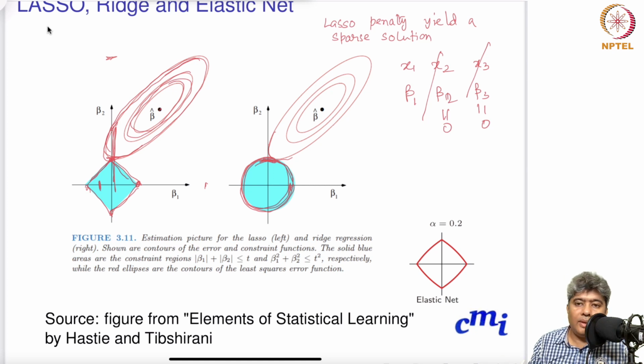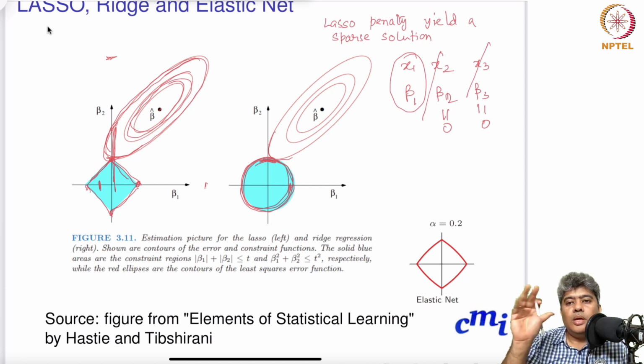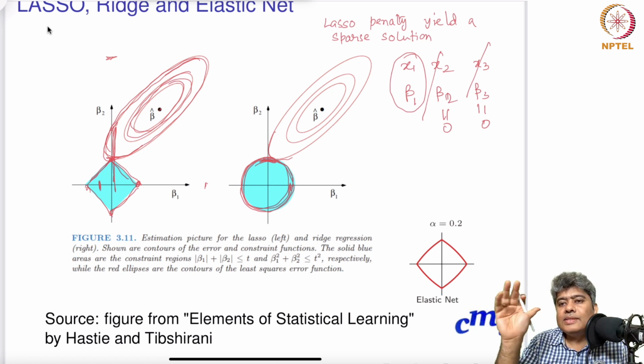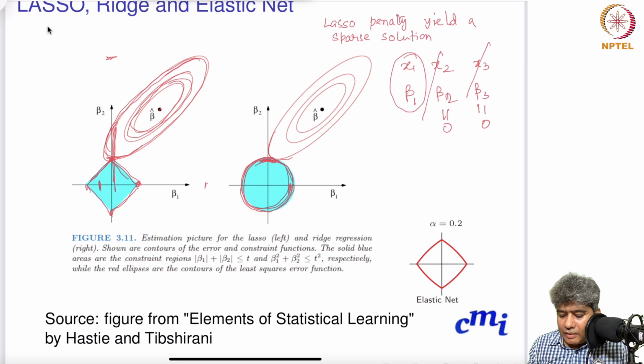If beta 2 and beta 3 turn out to be exactly 0, then the final solution itself is dropping x2 and x3 and keeping only x1, beta 1 in the model. And as a result, LASSO can do that. So that's why the LASSO penalty has the capability to yield a sparse solution, but Ridge does not.